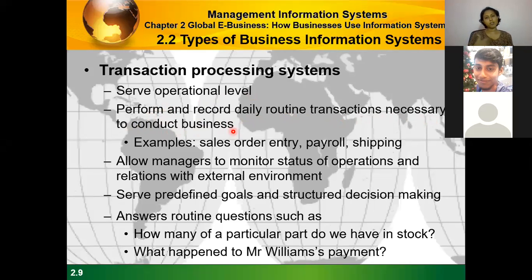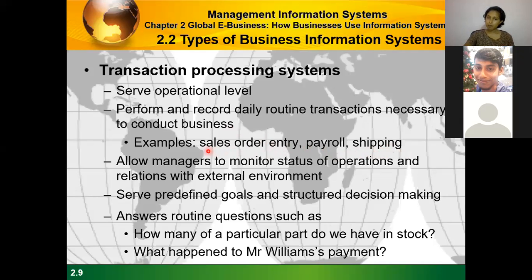What is the nature of routine transactions? They happen repetitively, right? Again and again, these kinds of transactions can be seen in an organization. What kind of examples can we take? Sales order entry, payroll, shipping, right? Now, depending on the nature of the organization, these may change, right? If it's a large scale organization, shipping may be happening daily, but not for a small scale organization.